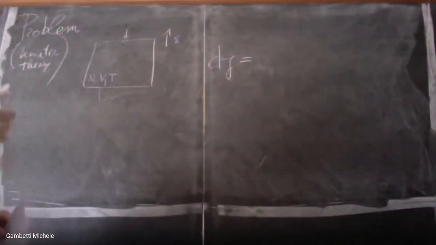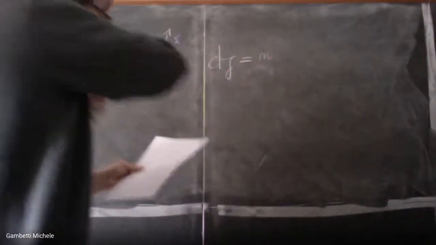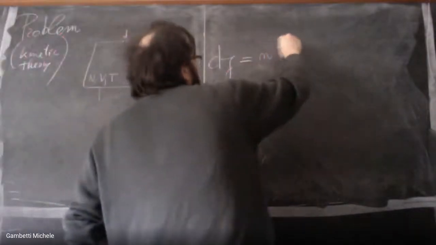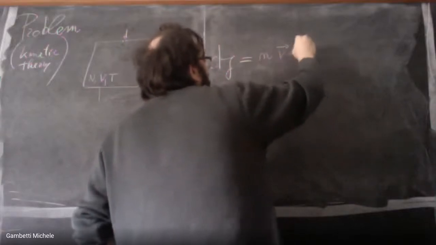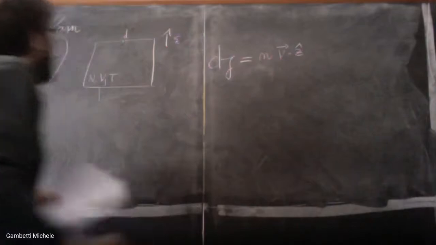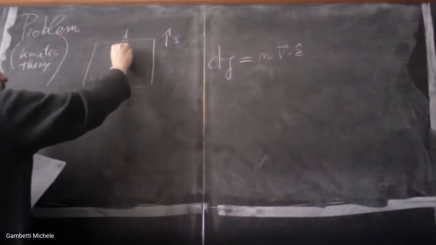So it's a number of particles divided by surface and divided by time. So it must be something like that: n, dimensional, times v scalar z, because I need to have these particles.